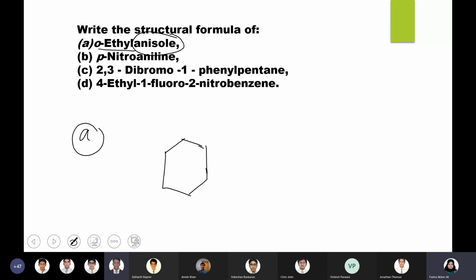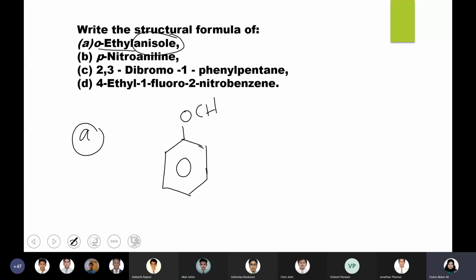What is an anisole? I think I have already shared these structures yesterday itself. What is the structure of anisole? Benzene ring with, which compound is known as anisole? Benzene ring with... Ma'am, OMe or OCH3? Yes, April, correct. OCH3.